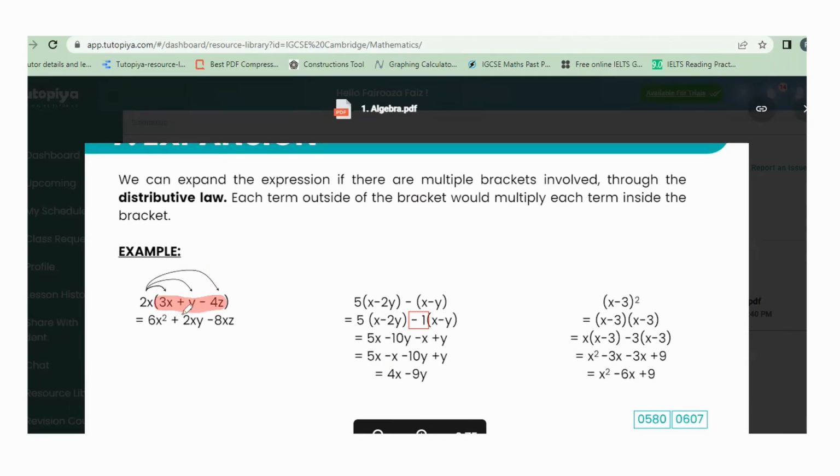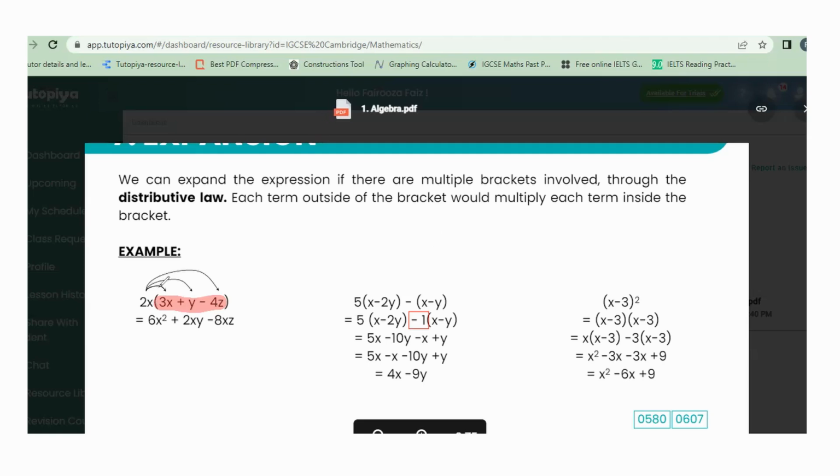Can someone say the answer, please? 3. There are 3. Thanks for the answer, Alicia. Yes, there are 3 terms in this particular expression.